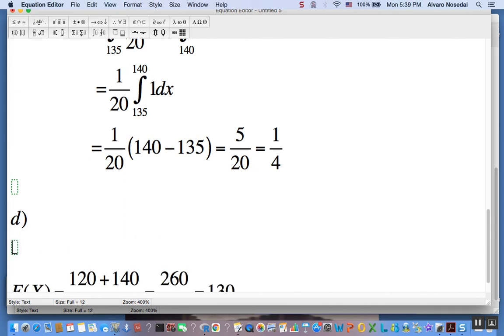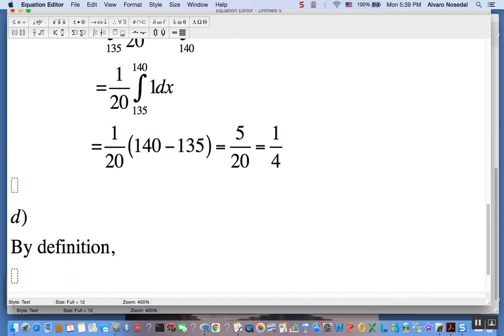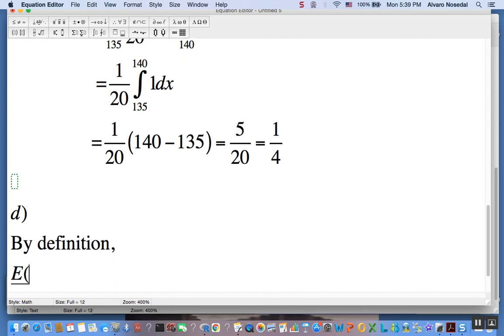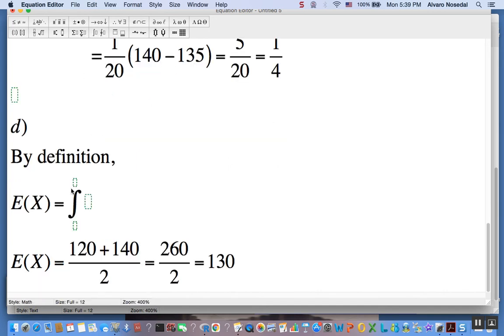By definition, the expected value of x equals the integral from negative infinity to infinity of x f of x dx, right?